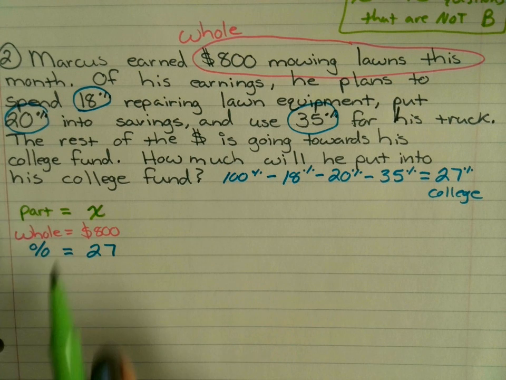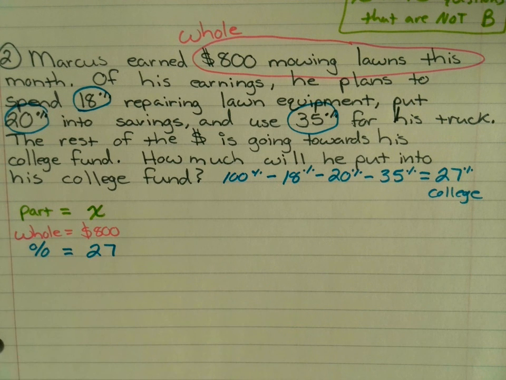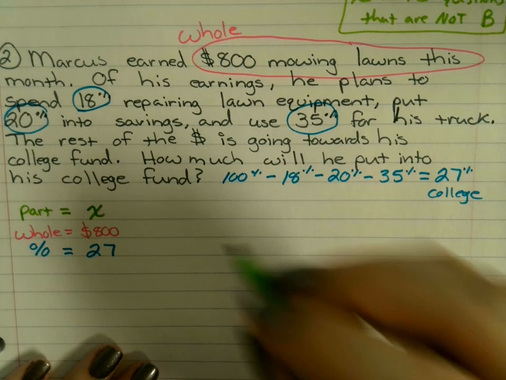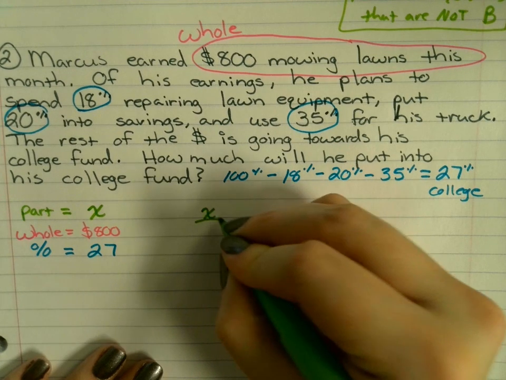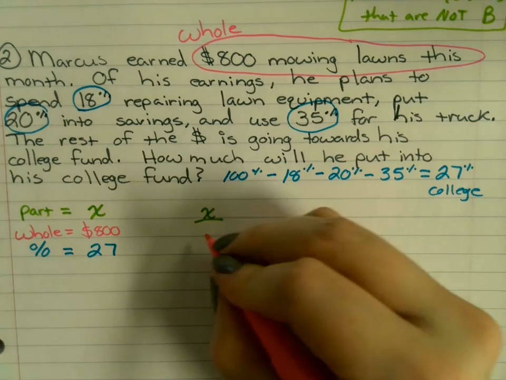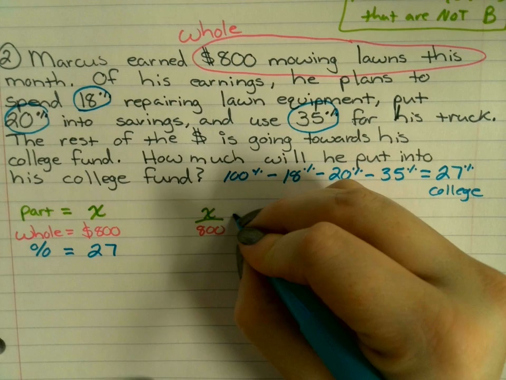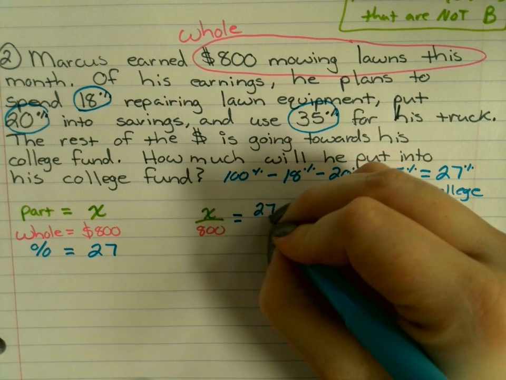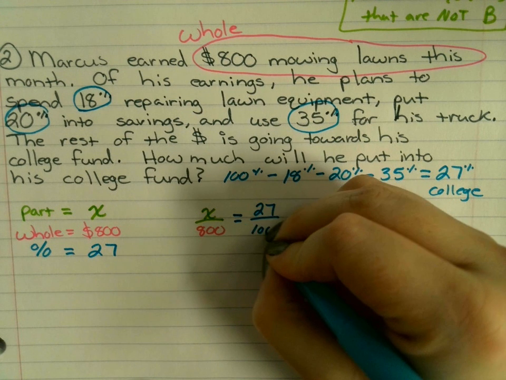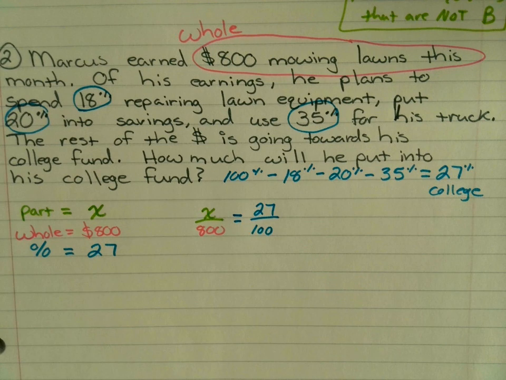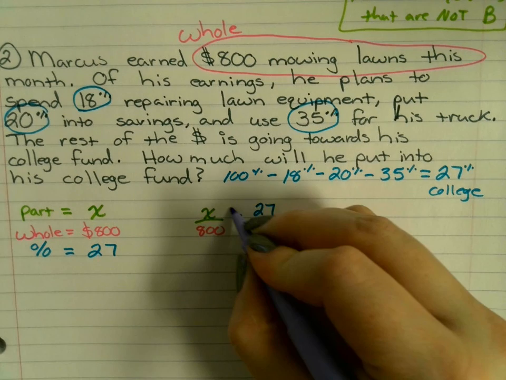That's what's missing. Okay, so now that we've got that information, we can set it up. Part over whole, so x over 800 equals the percent over 100. That's 27 over 100. X over 800 equals 27 over 100. Then we do the cross product. We're going to multiply x times 100.